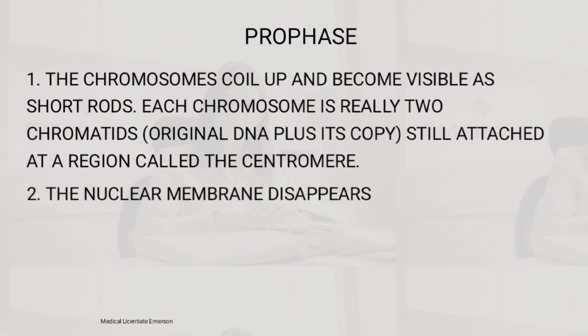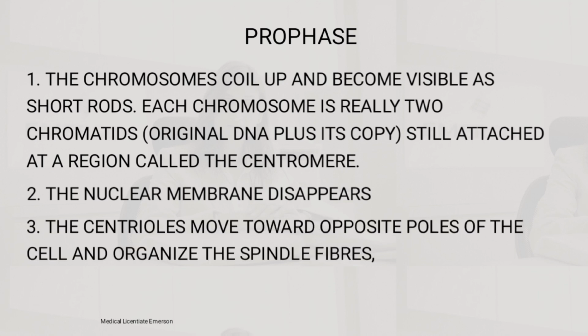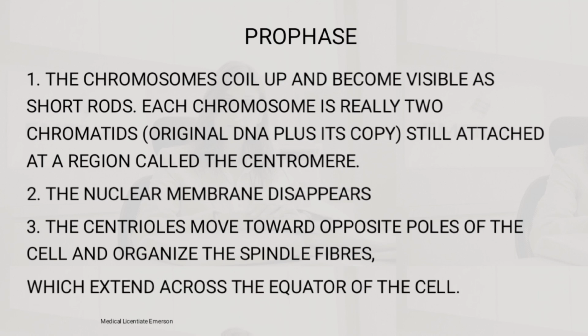The nuclear membrane disappears in this stage, and the centrioles move toward opposite poles of the cell and organize the spindle fibers, which extend across the equator of the cell. That is about prophase.